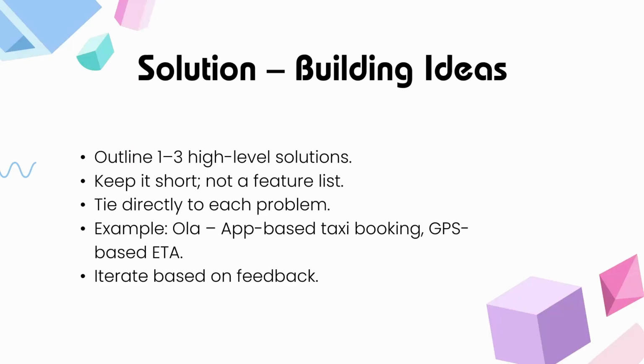So, iterate based on feedback. Since this is a lean model, lean is always dynamic. You have to keep it changing. If a customer does not like it, you have to keep changing it. So you have to do iteration based on feedback. For example, your application has 10 features.